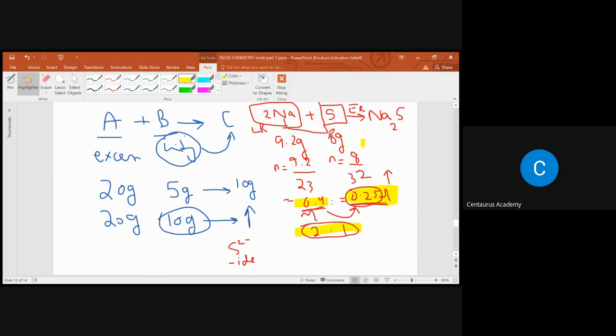This means sulfur is the excess reagent, and sodium is the limiting reagent. Got it? Is this one clear? Yes, any questions, any queries?